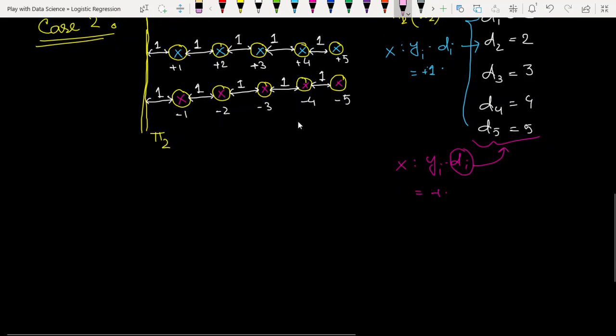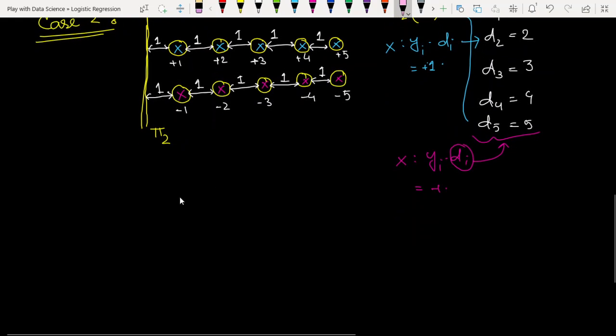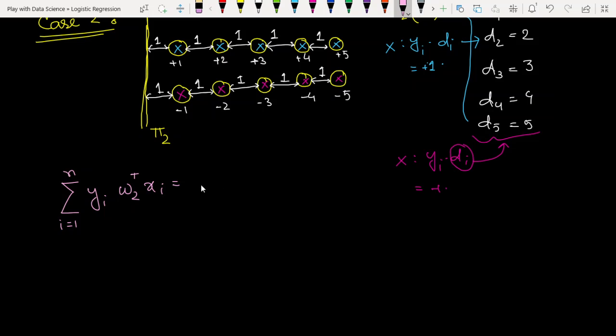Okay, so at the end of the day, if we calculate this value, the summation over i equals 1 to n of yi times w2 transpose x, what is the value?